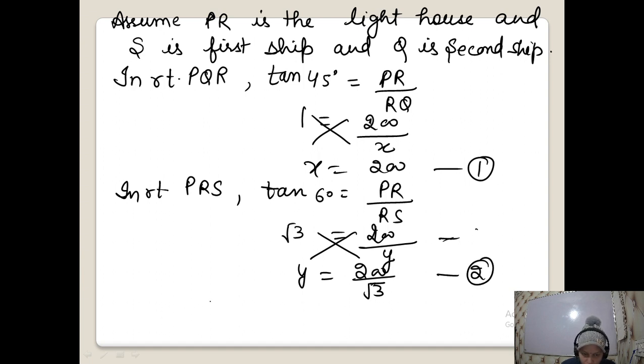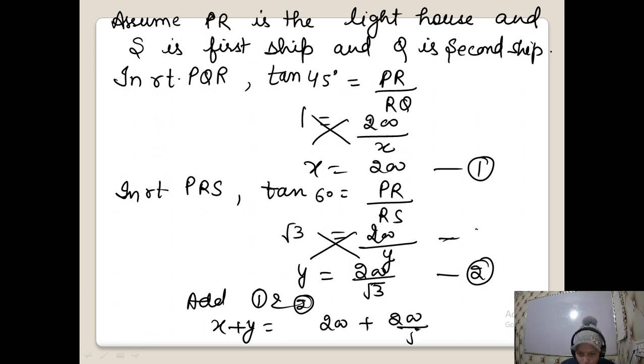Now you have to add first and second equation. X plus y is equal to 200 plus 200 over root 3, and take here root 3 as a LCM.